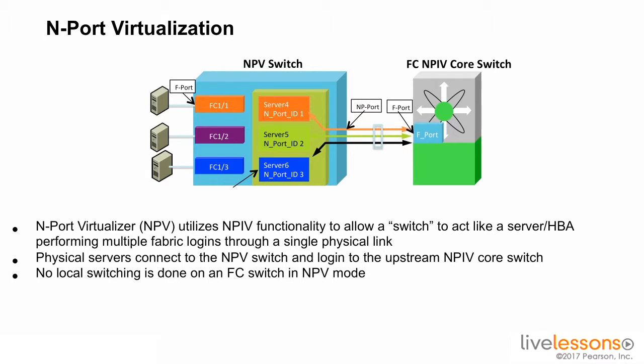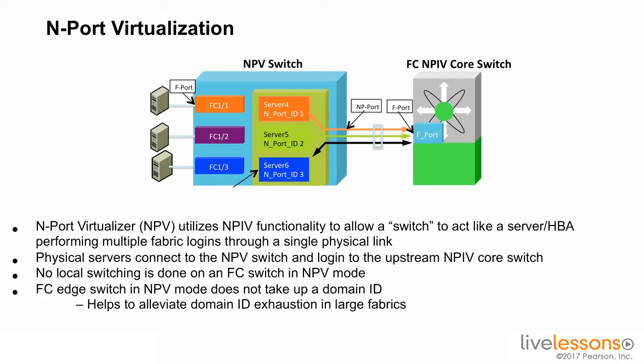It proxies connections up to a parent switch that is running the NPIV feature, and that switch actually does all the logging into the fabric for the devices on that port. On the parent switch, or the NPIV switch, it is configured just like any other end host port. On the NPV switch, we configure an NP port, or virtualized node port.